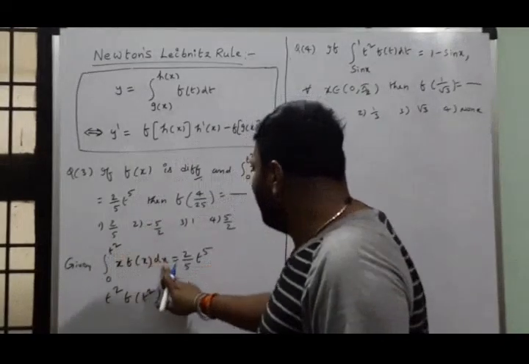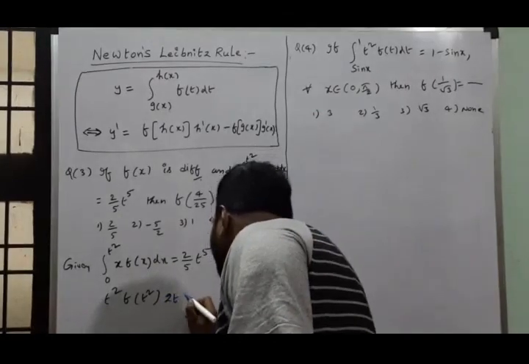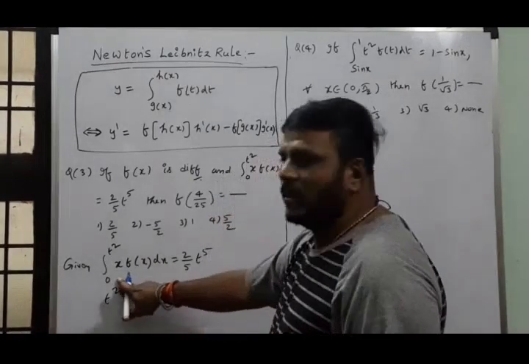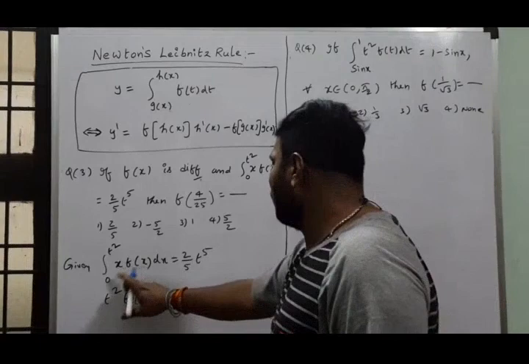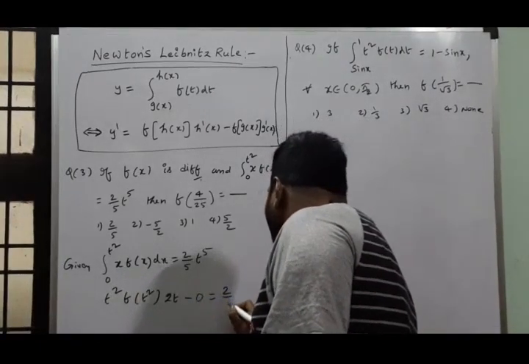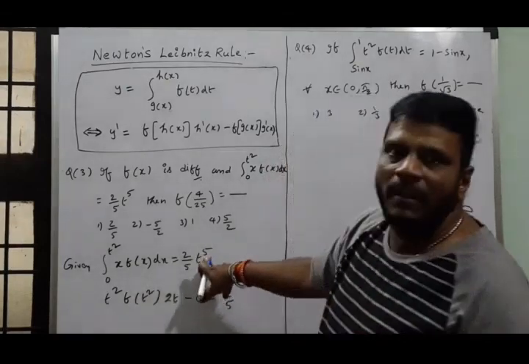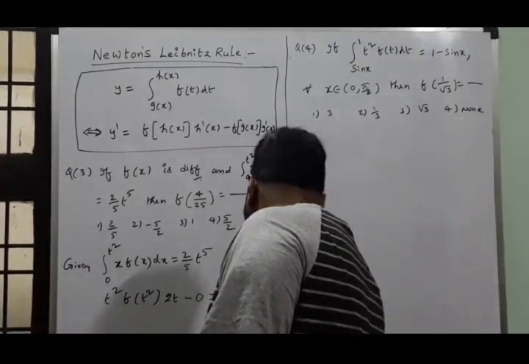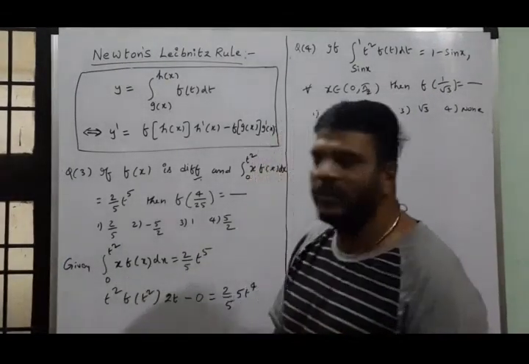Now upper limit derivative 2t, minus substitute lower limit 0, is equal to 2 by 5 into derivative of t power 5, which is 5 into t power 4.